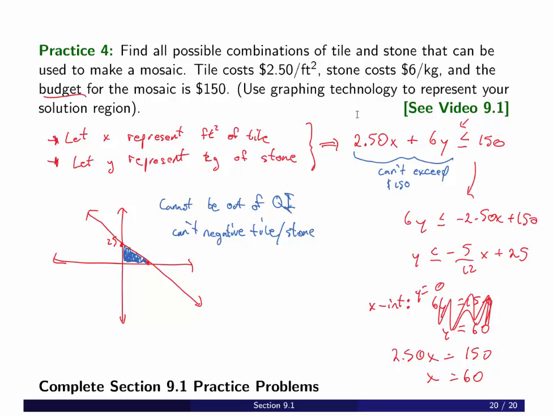That is basically the answer. So you could restrict that. So you could say 2.5x plus 6y is less than or equal to 150. And that is basically saying for values of x, you're between 0 is less than or equal to x, less than or equal to 60.